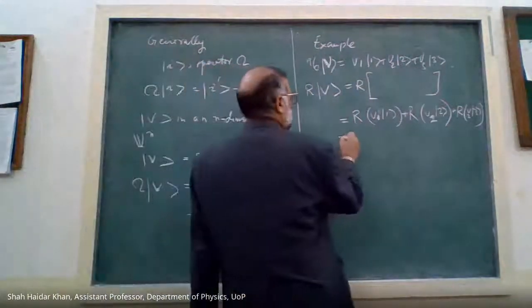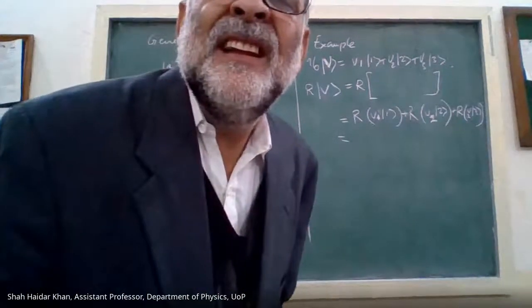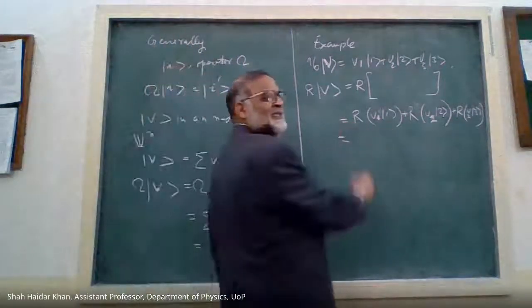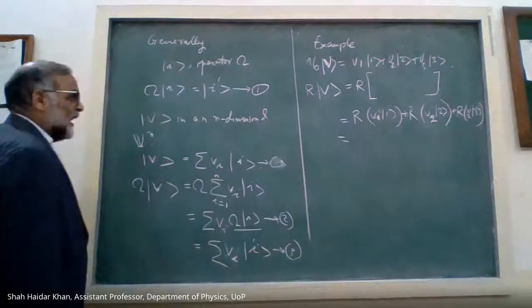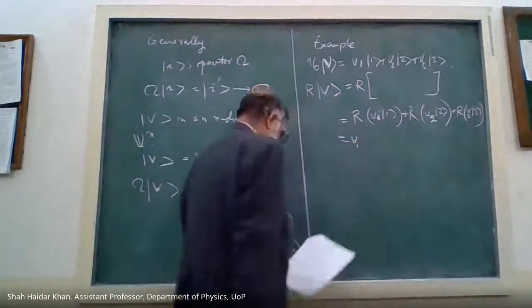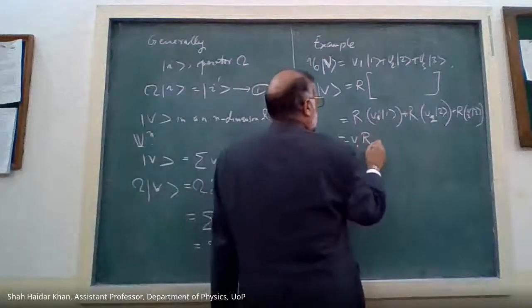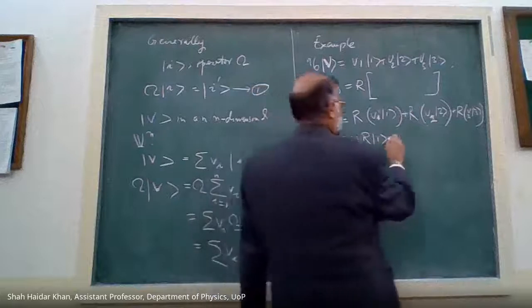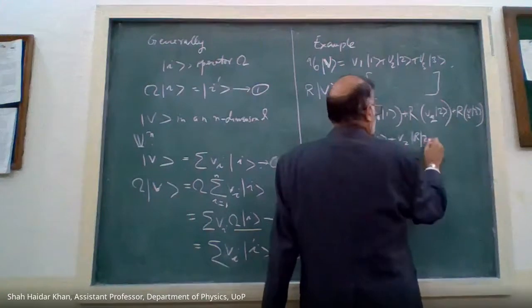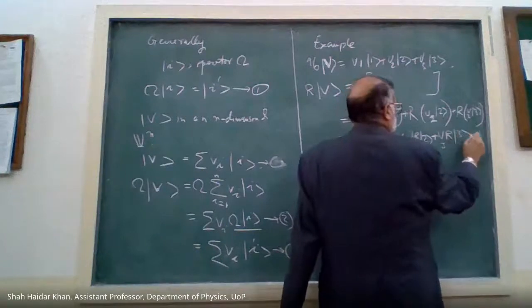We know when R acts on this, V1 will remain here, and it will work on the kets. So this will be equal to V1 R into 1 plus V2 R into 2 plus V3 R into 3.